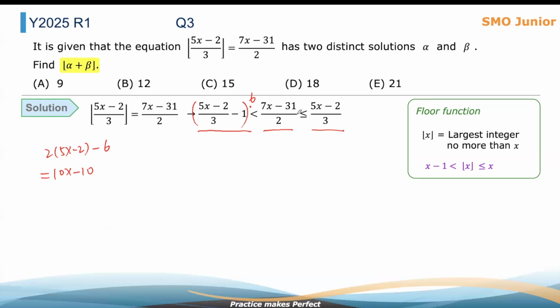The middle one times 6, we get 3 times (7x minus 31), which is 21x minus 93. The right one times 6, we get 2 times (5x minus 2), which is 10x minus 4.